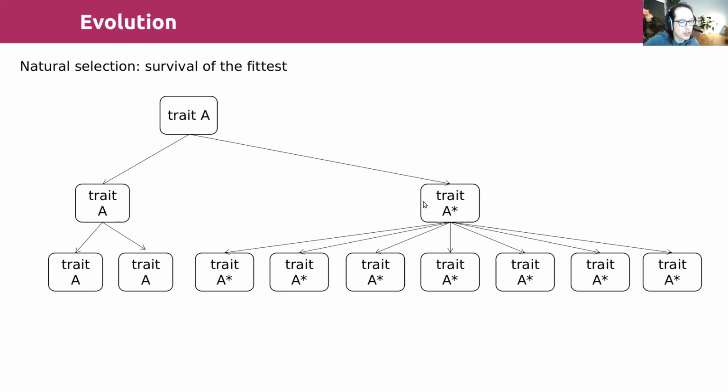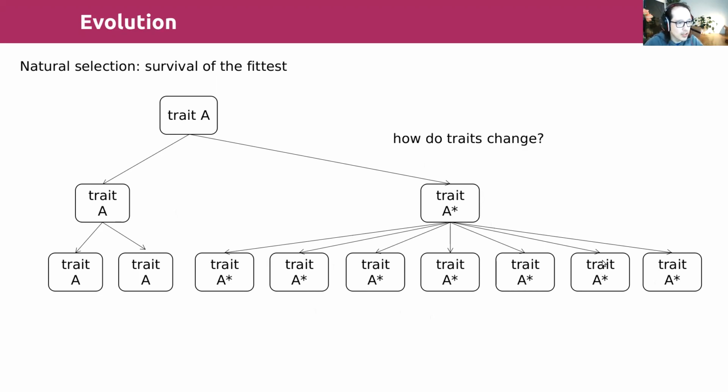And for whatever reason, this trait is more fit, and we get a larger number of progeny coming out of this lineage than we do out of the original trait A lineage. And then this is going to drive the structure of these trees. This is going to be the major driving force in determining which branches die off and which branches continue. It's really the generator for these shapes.